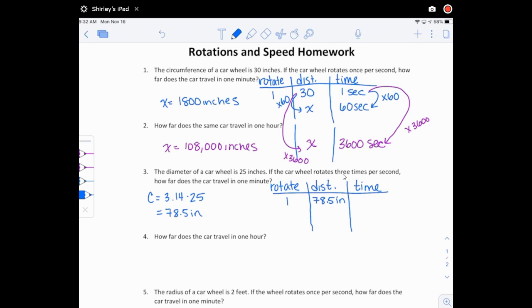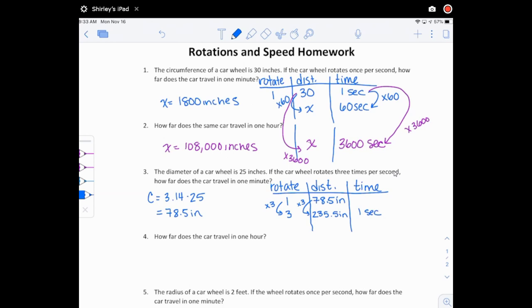The car wheel rotates 3 times per second. So if I rotate 3 times, my scale factor here is to multiply it by 3. So I can multiply by 3 here to get 235.5 inches, and that's for 1 second.